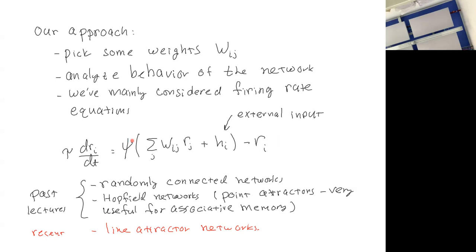So let's be clear about that. I'll write Ri star, because it's a fixed point, equals psi of the sum over j of Wij Rj star. So that's a fixed point.